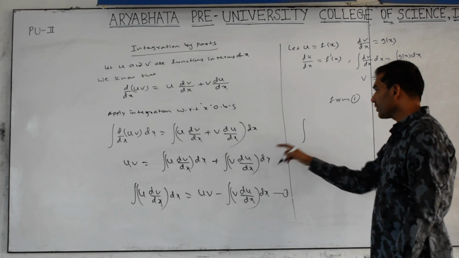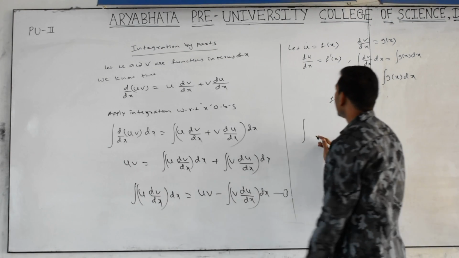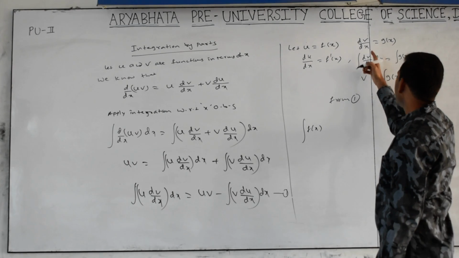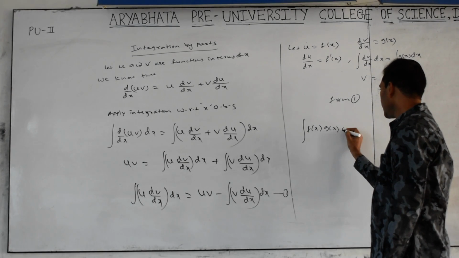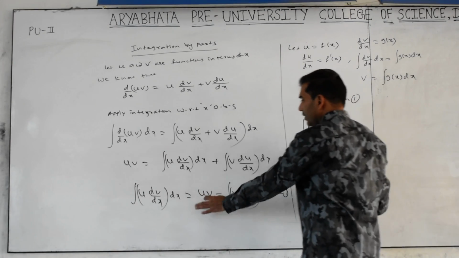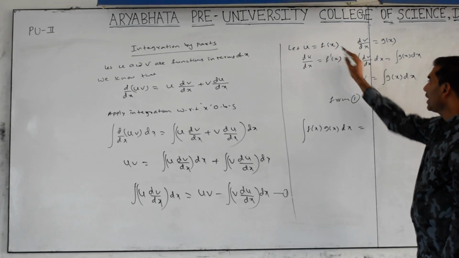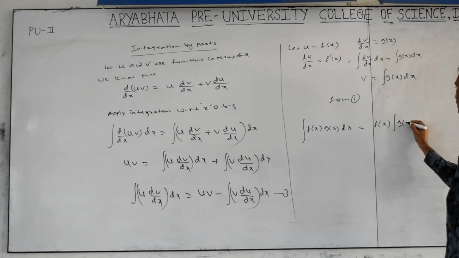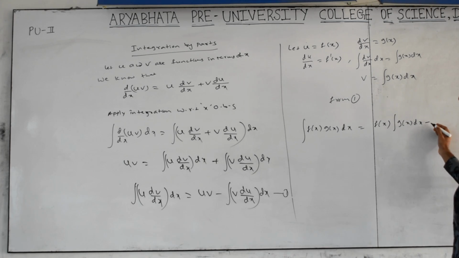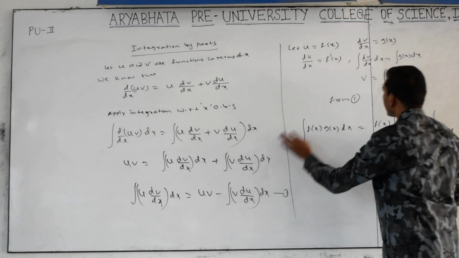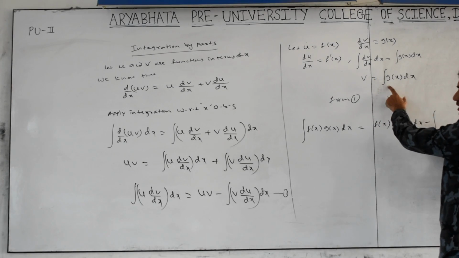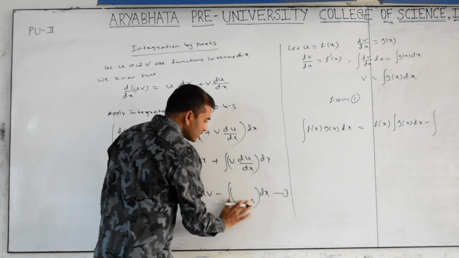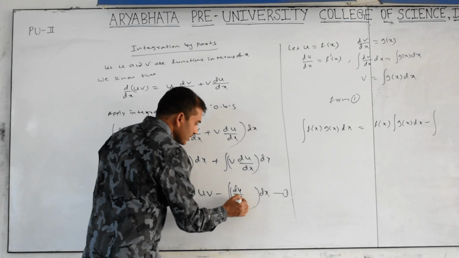From 1, integration of u equal to f of x into dv by dx, which is g of x, into dx, equals u v, that is f of x times integration of g of x dx, minus integration of v into du by dx, or du by dx into v, anyone you can write, because we will get confused here.